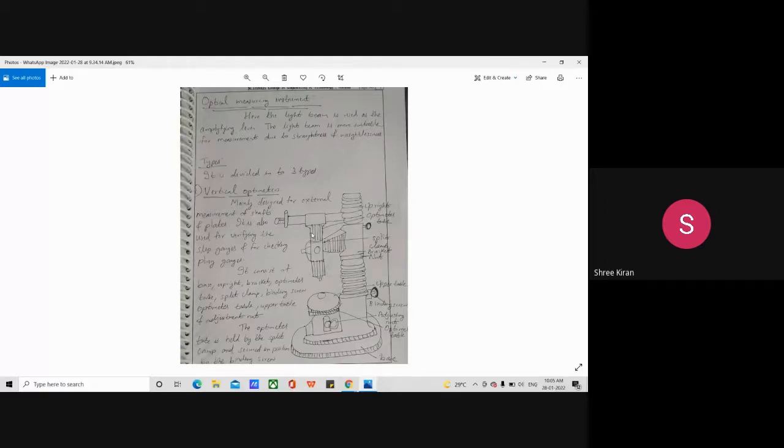Then, on a flat circular disc, a glass scale is engraved, which is graduated on the side facing the triangular prism.